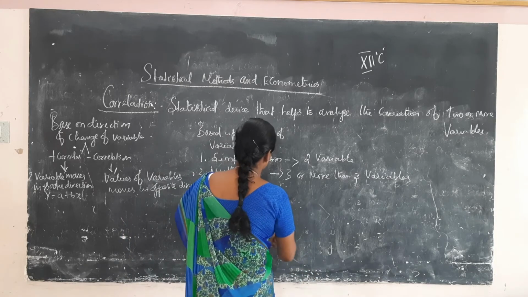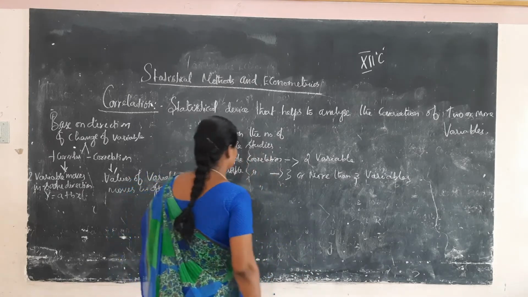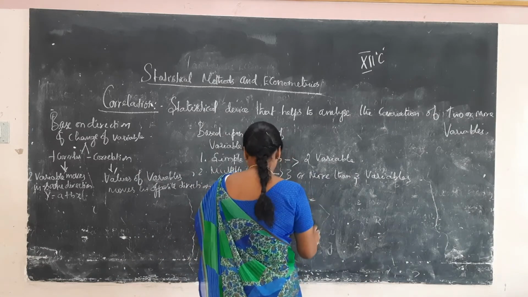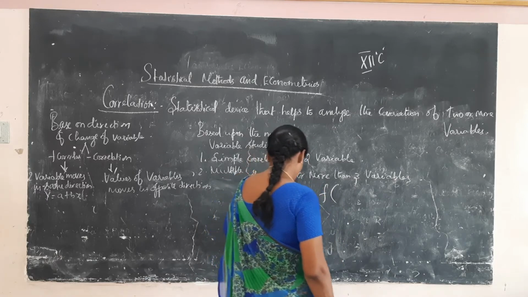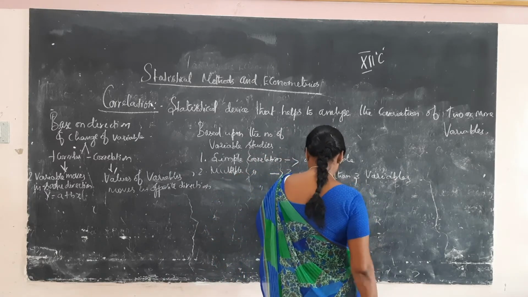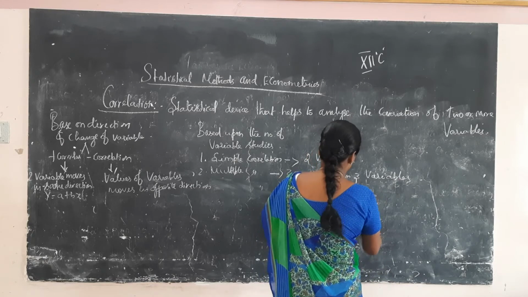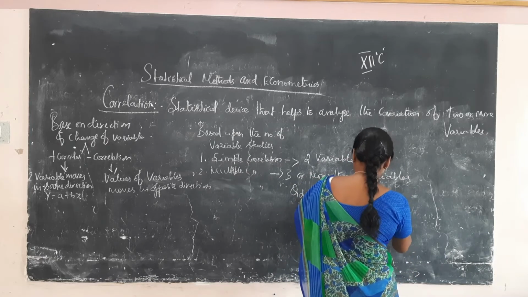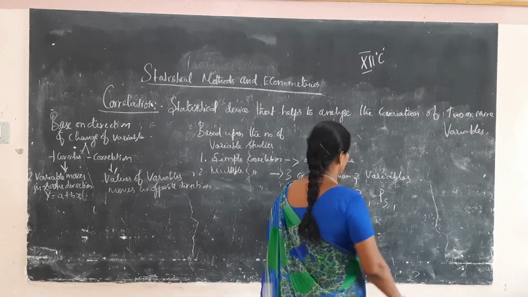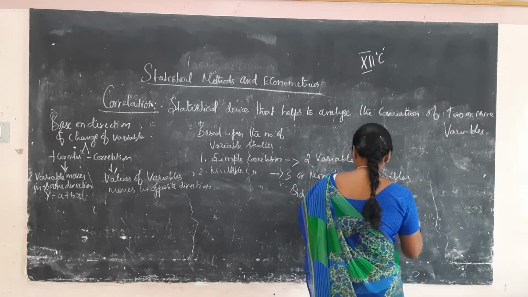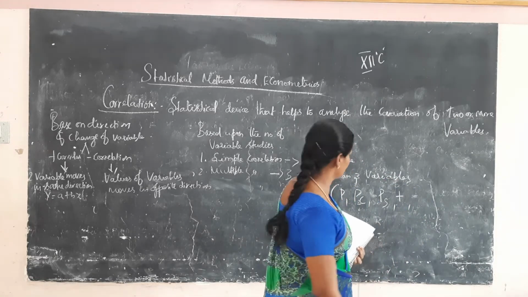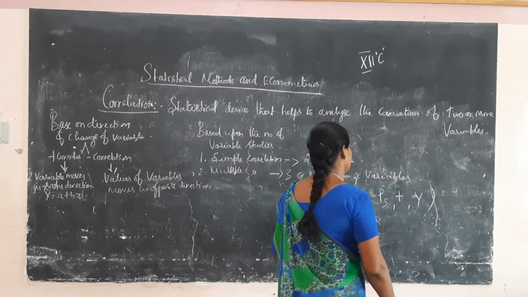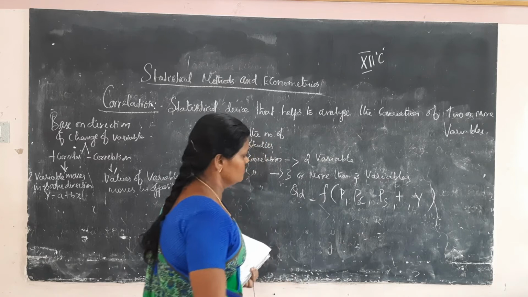For example, in multiple correlation, QD is equal to a function of P, price; PC, that is price of competitive goods; PS, that is price of substituting goods; T, that is taste and preference for that product; and last one is Y, that is income.